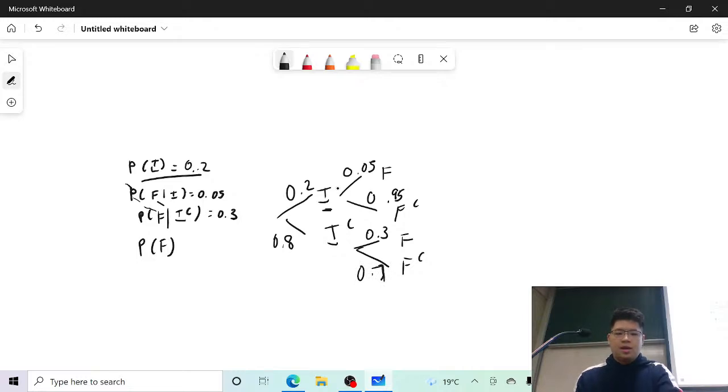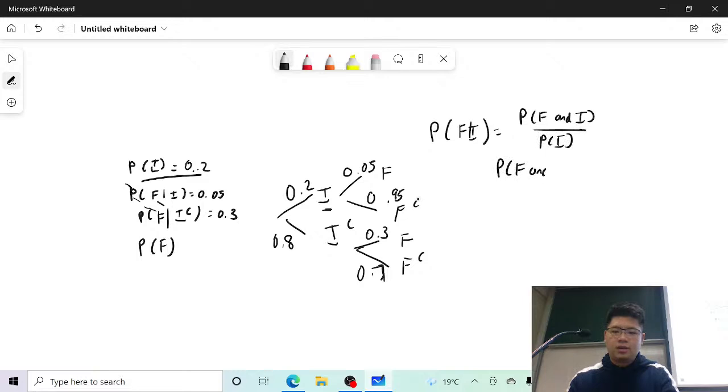Right, great. It's great that we have this depiction because now if you're trying to find the overall probability, it's really easy. If you recall, the formula for conditional probability is the probability of F and I over the probability of I. So the probability of F and I equals the probability of I times the probability of F given I. And if you look at the branches here, this is exactly what's happening.